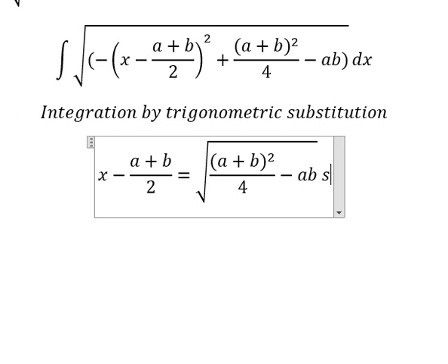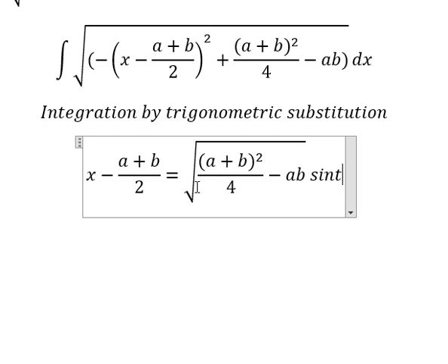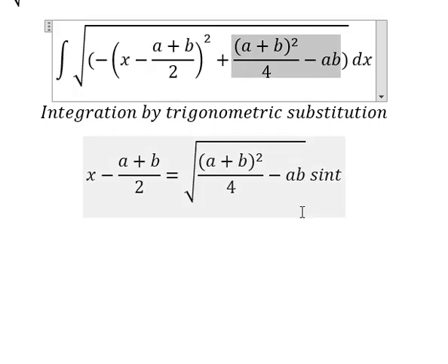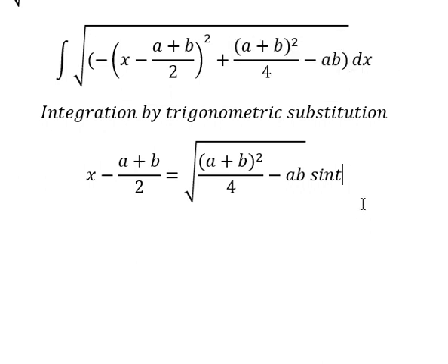multiplied by sine t. Because if I put this one in here, we get this one without the square root and sine t squared. 1 minus sine squared t we change to cosine squared t after we do factorization by this one, and then we change to cosine squared t to simplify the square root and dx.